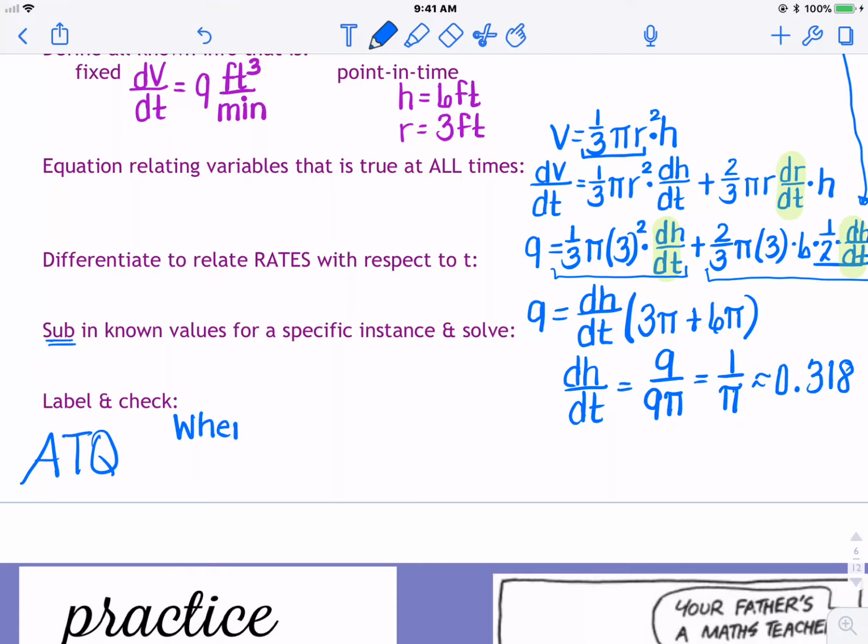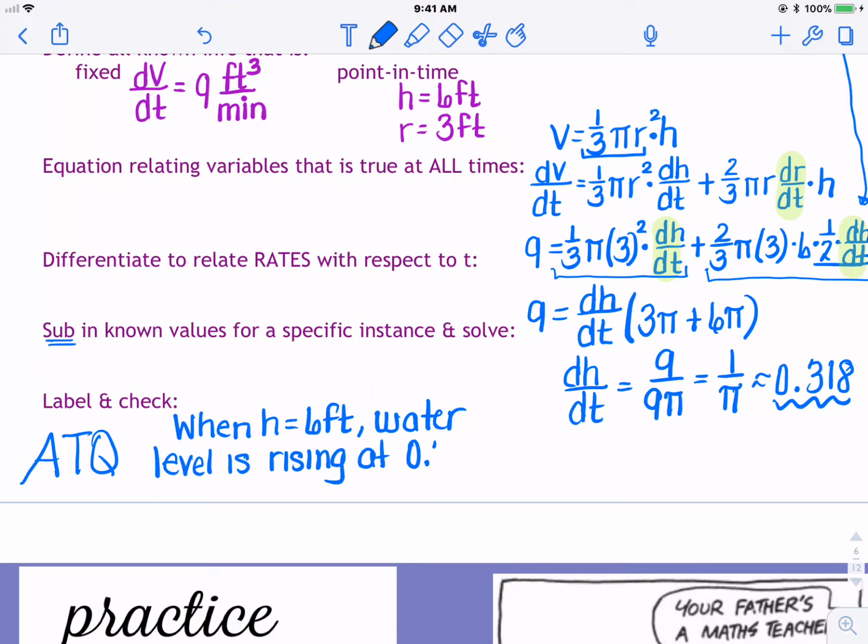So when the height is 6 feet, the water level, and we did get a positive rate here, so the water is rising, at 0.318. Here's where we need labels, so we've got to go back and see water height is a feet measurement per minute.